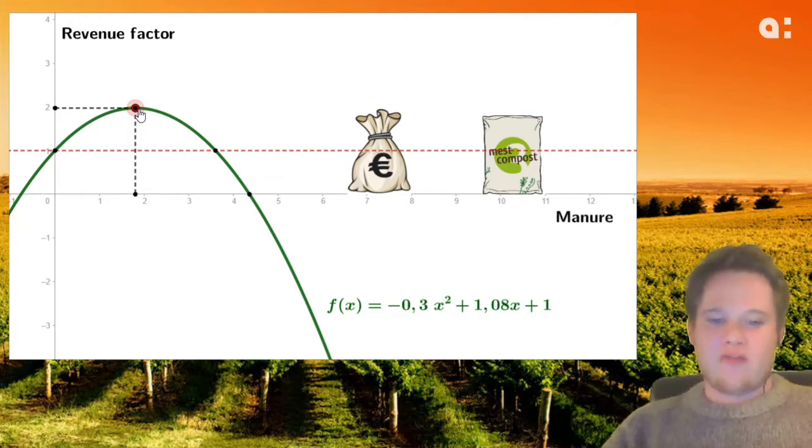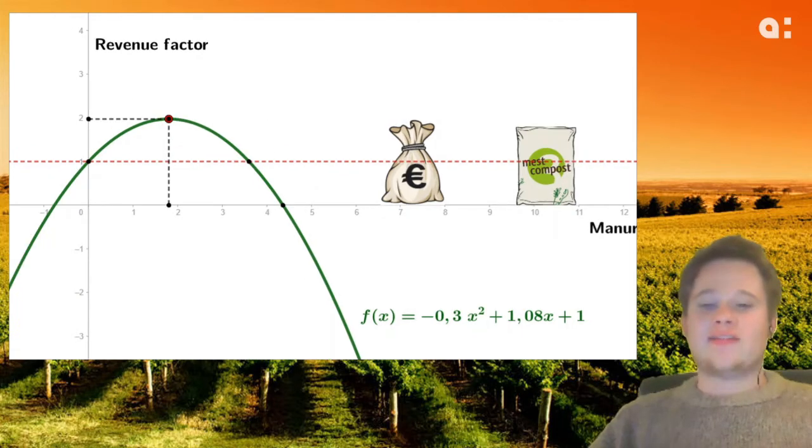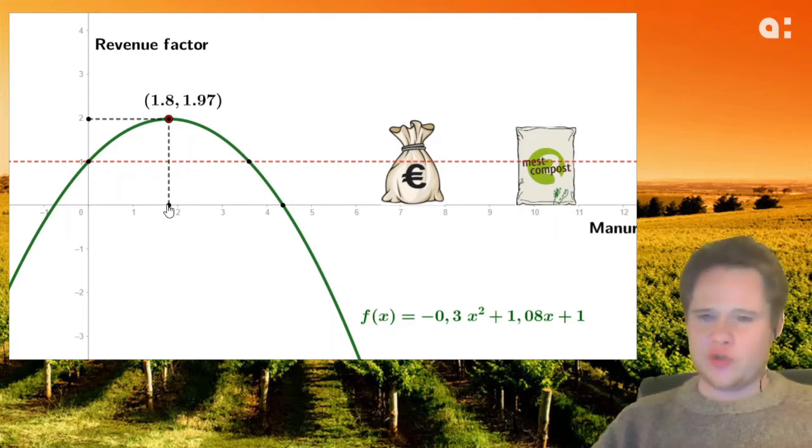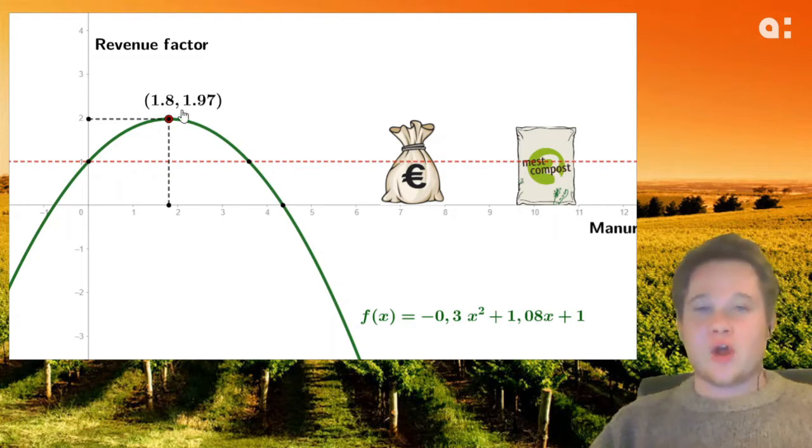We have the information about the amount of manure that we can use to have the biggest revenue. If we look at the x-coordinate of the vertex, we see that 1.8 tons per hectare is the ideal amount of fertilizer to use. With this amount of fertilizer, we have a revenue factor of almost 2, which means we can almost double our revenue.